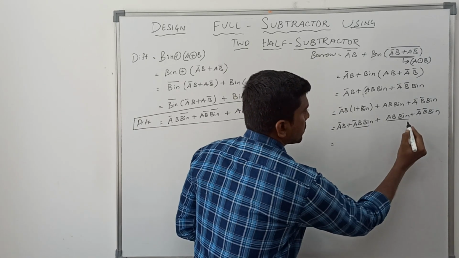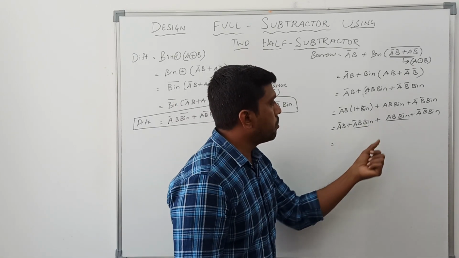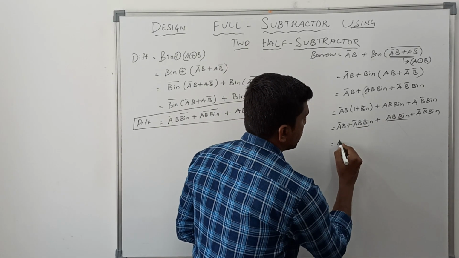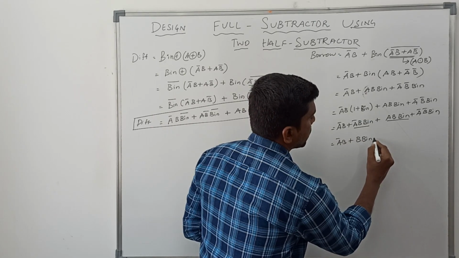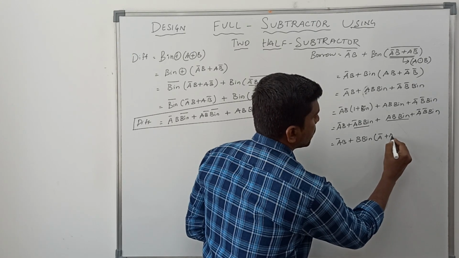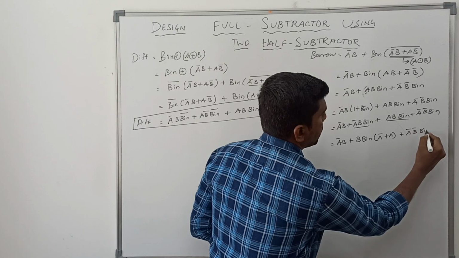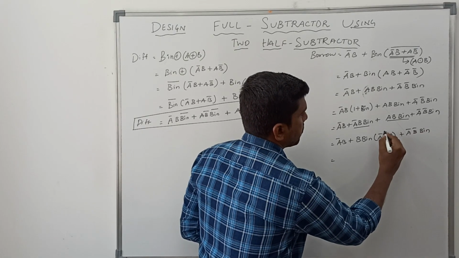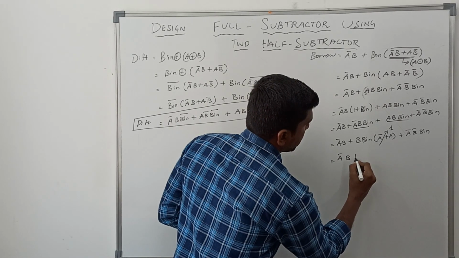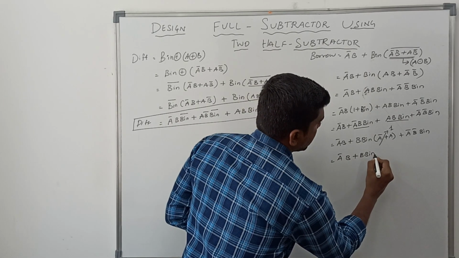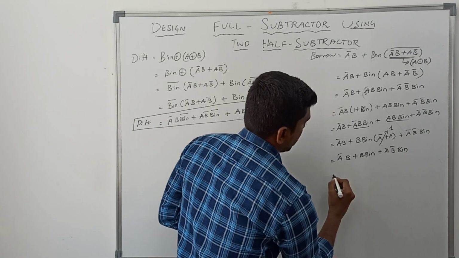Consider these two product terms. Here the common term is B in. Take it out, remaining A bar plus A, and A bar plus A equals 1. So A bar B plus B in plus A bar B in.